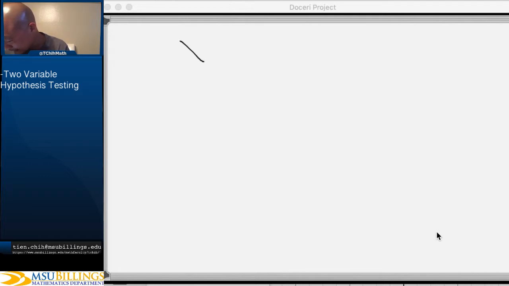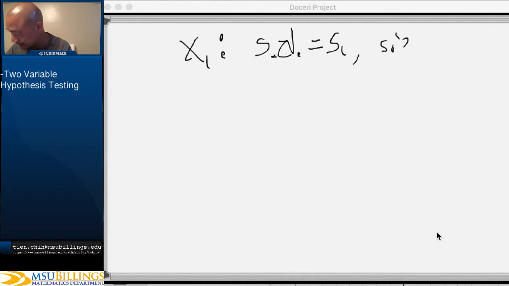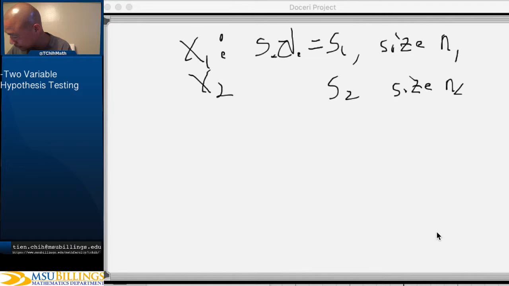Let's say you had a random variable x1 and we knew that its sample standard deviation was s1, and it had size n1, and you had variable x2 with standard deviation s2 and size n2.